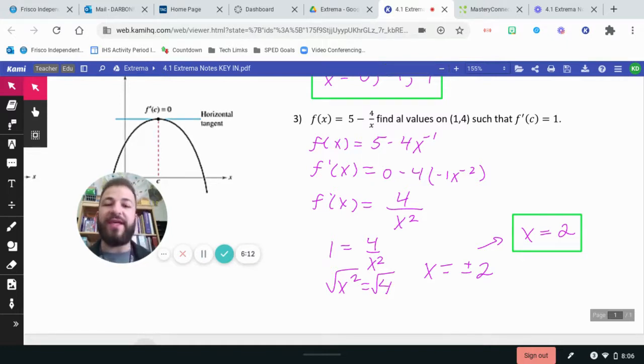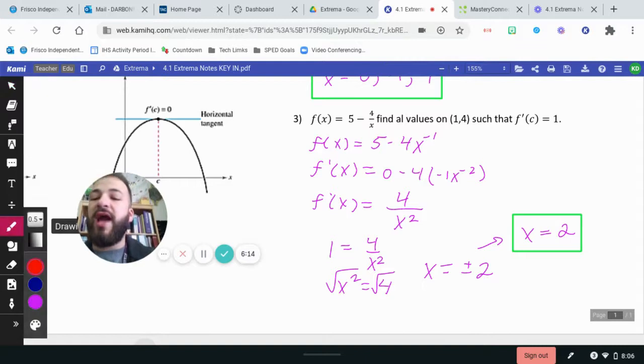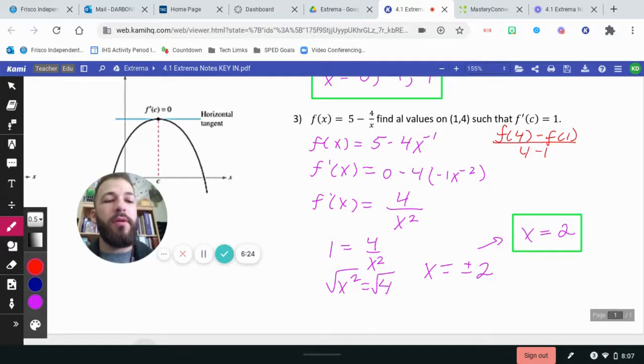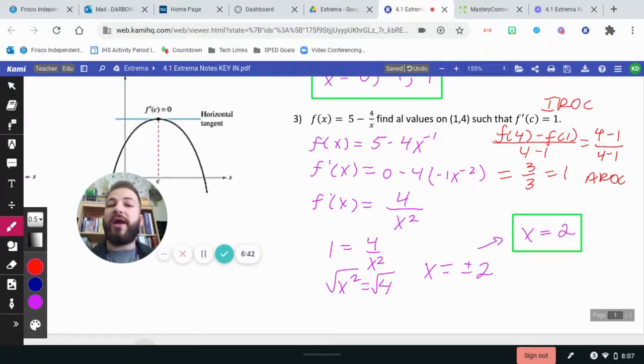So fun little fact, if we checked our f of b minus f of a over b minus a, so if I did f of 4 minus f of 1 over 4 minus 1, then you would get 4 minus 1 over 4 minus 1, which equals 3 over 3, which equals 1, which is our average rate of change. And they gave us an instantaneous rate of change. So what theorem tells us that AROC and IROC are equal on the interval? Well, that is, of course, MVT.